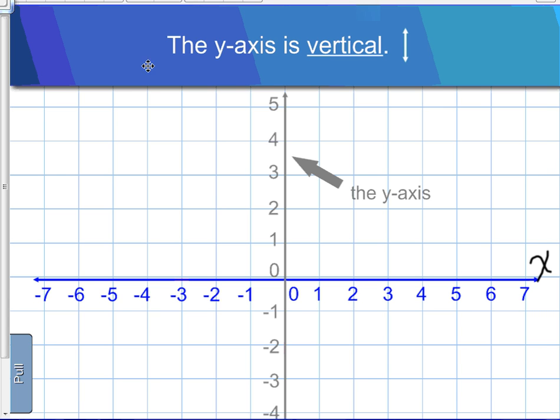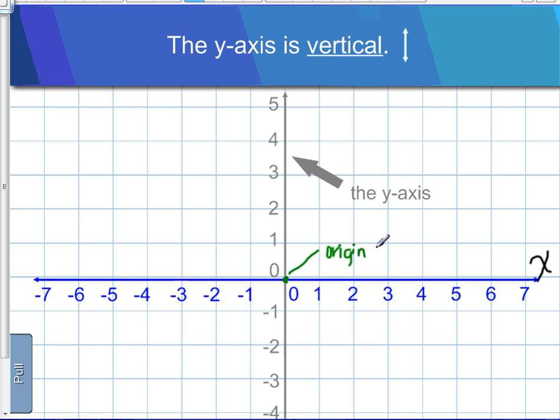Now, there's also something we need to point out here. This point right here in the middle is called the origin. The origin is always your starting point.